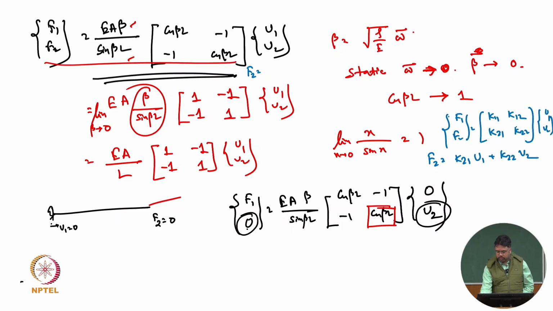These two are multiplied with these two. Now, the first one, U1, is 0, so it has no contribution.